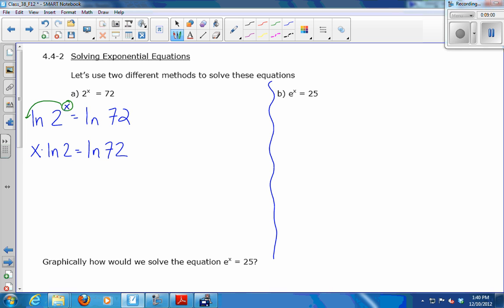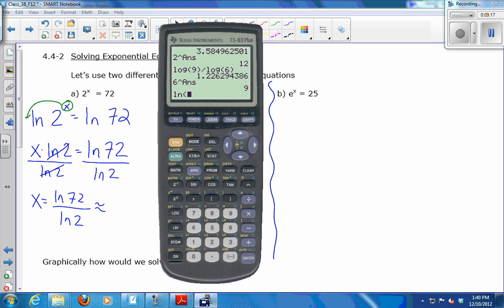Divide both sides by the ln of 2. Because the ln of 2 is just a number. Cancels out there, and I get x is ln 72 over ln 2. And that comes out to 6.17.